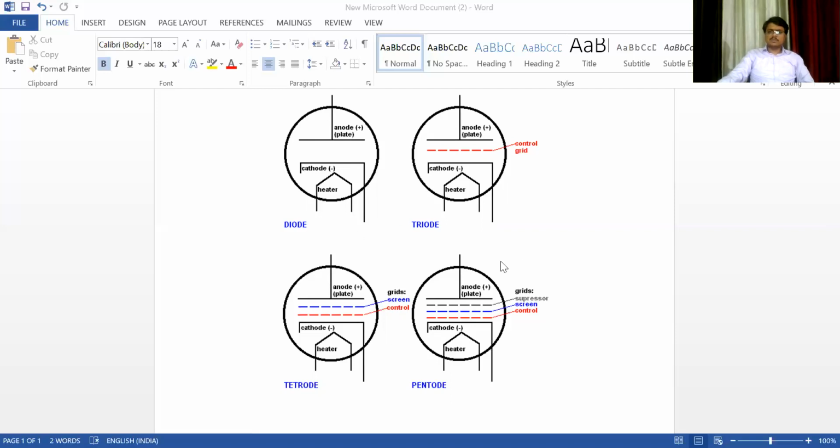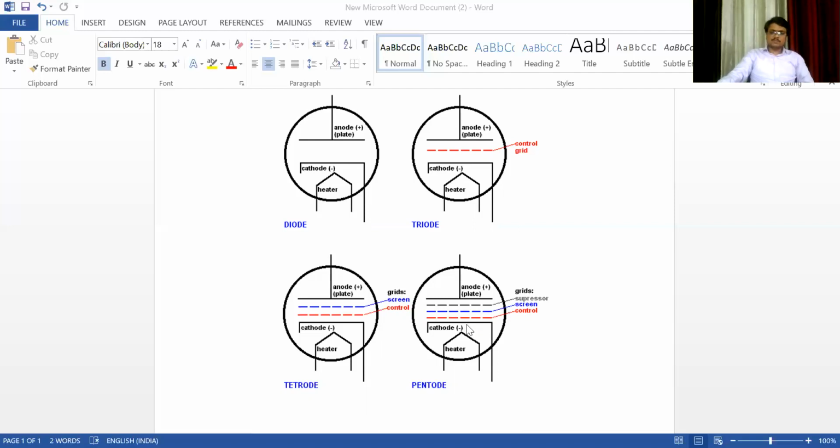What is the functioning of these grids? Grids are used for controlling access. Grid voltages will be the controlling voltages. So the voltages applied to this grid will be the controlling voltages.